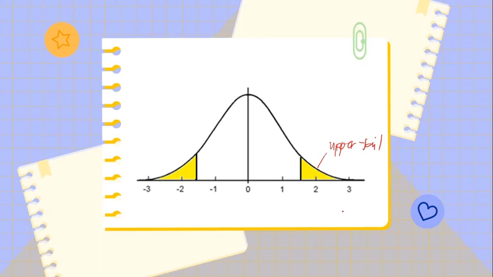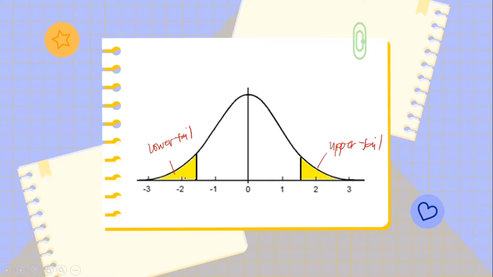Since nakikita natin dito yung mga mas mataas na values sa right side. So, yung mga positive values. And lower tail is on the left side. Since makikita natin yung mga lower values dito sa left side ng ating normal curve. Nandito yung mga negative values.